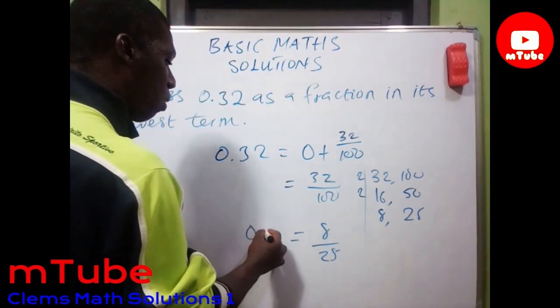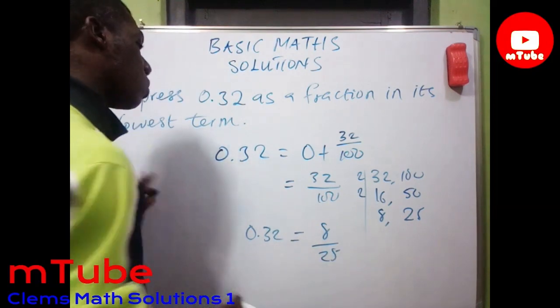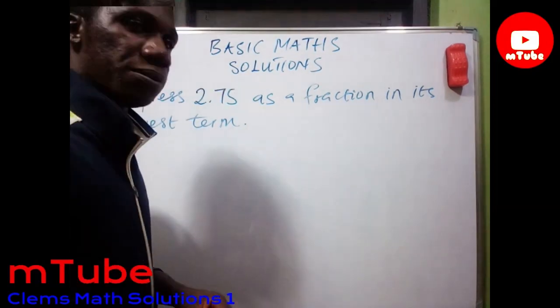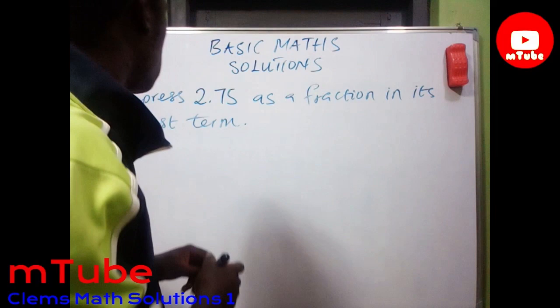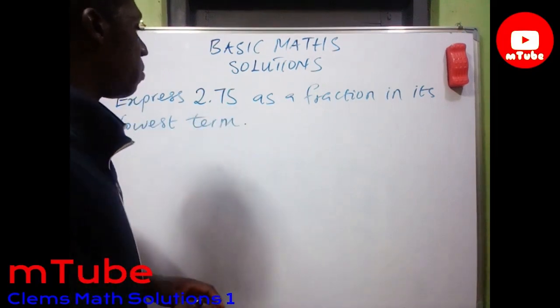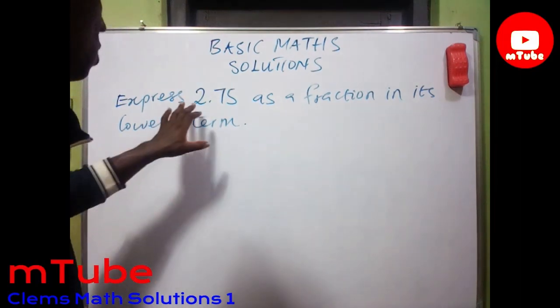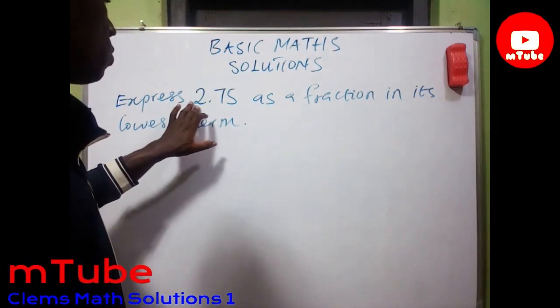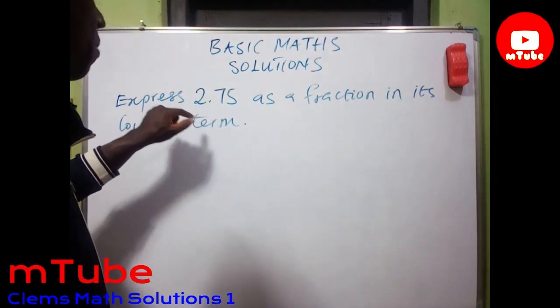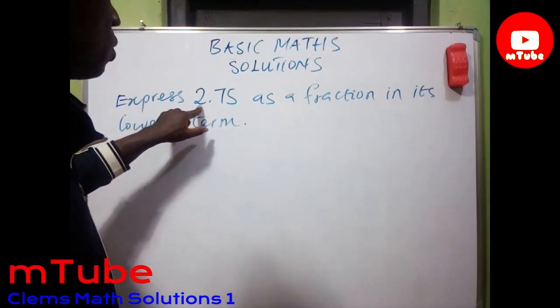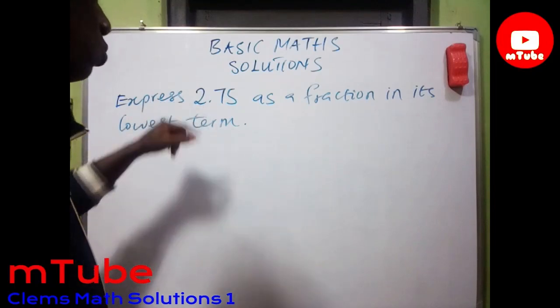So 0.32 is equal to 8 over 25. Let's also solve this problem where the decimal number has a non-zero whole number. I mean the whole number here is a number other than 0, in this case 2.